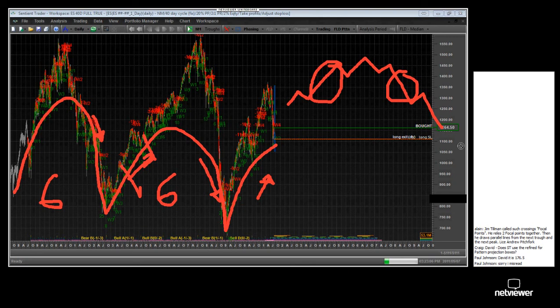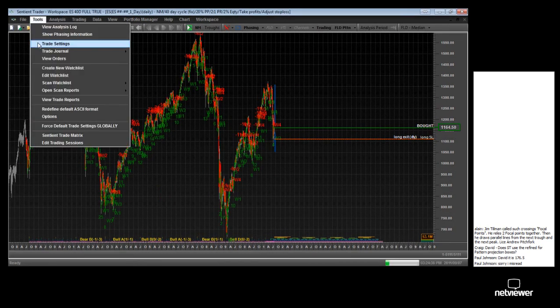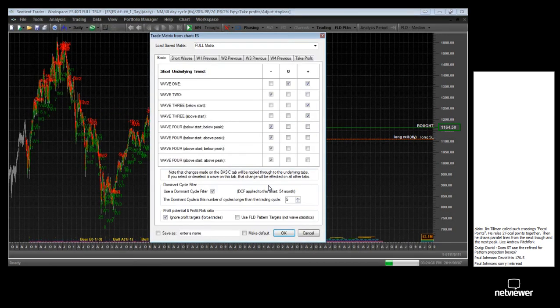Elliott wave, of course, is 5 waves up. The third wave is the most powerful one. The dominant cycle filter says that during the strongest move, you should only take long trades on the upward side, and if that's a reversal and you've got a 5-wave move down, you only take short trades there.